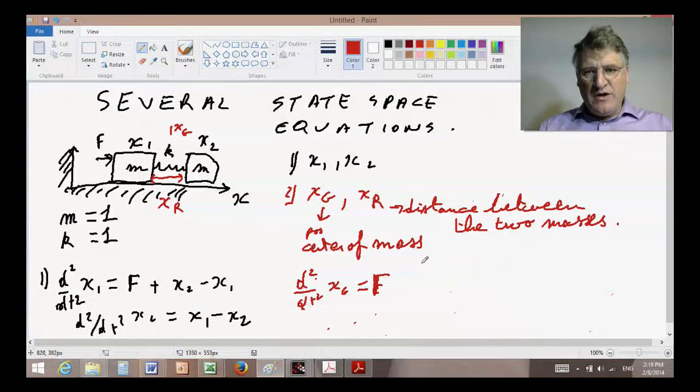This equation should be familiar to you because it is an equation that you have seen in dynamics.